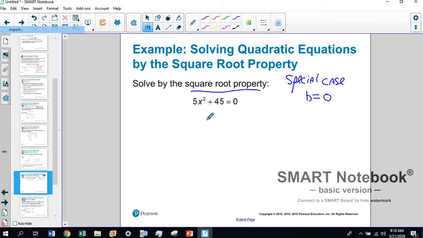This is the time where we do not set this equal to 0, but we isolate the x squared. So we're going to subtract 45 from both sides, and then we're going to divide both sides by 5, and we're going to get x squared equals -9.